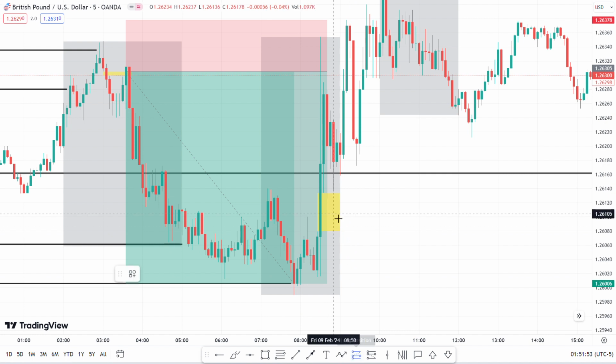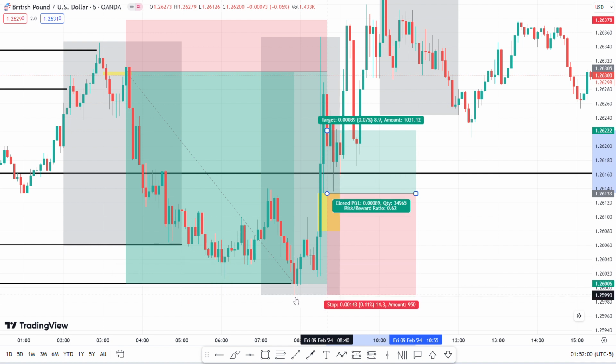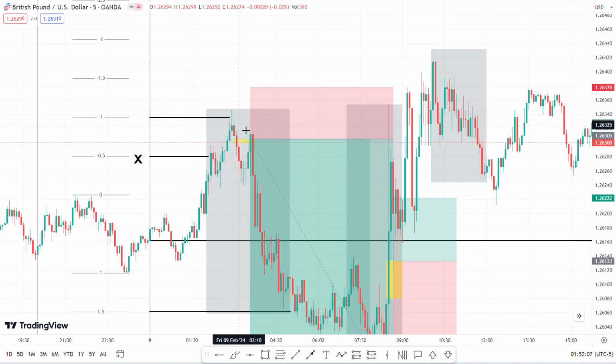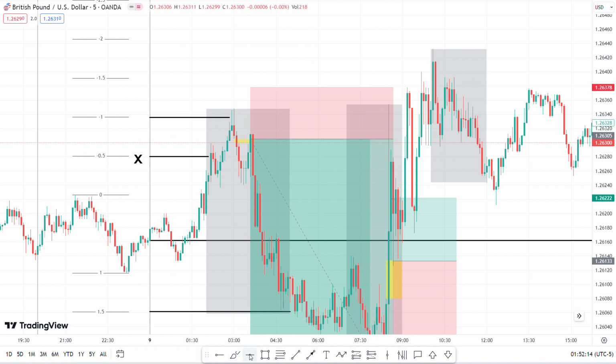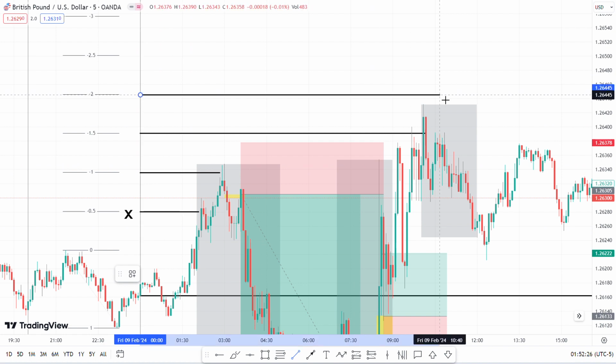So if you took this long position, stop is 3 points below the low. Target would be above these highs because this was already tapped, so now 1.5 and 2.